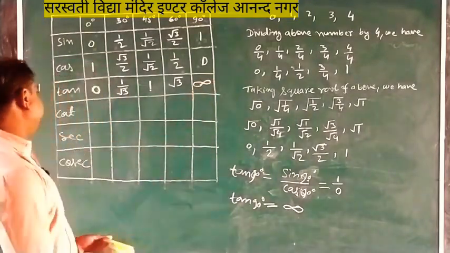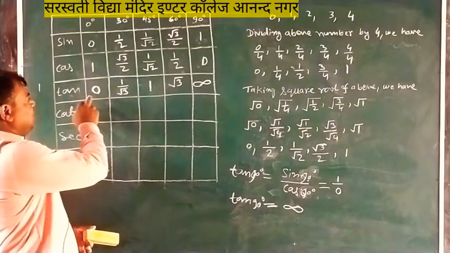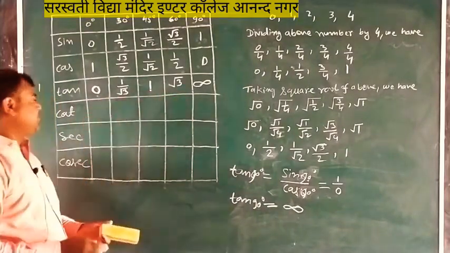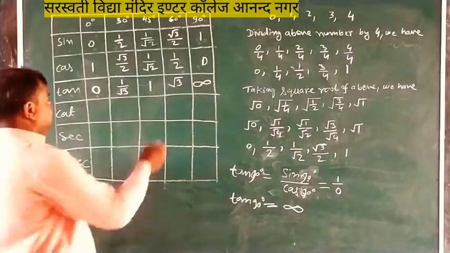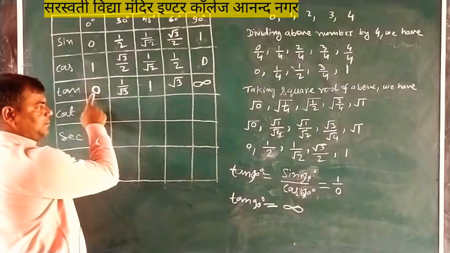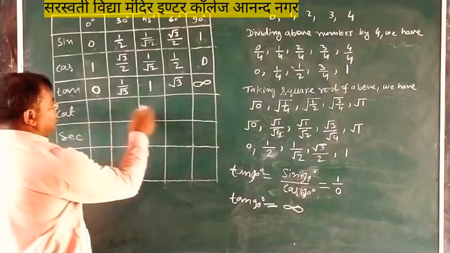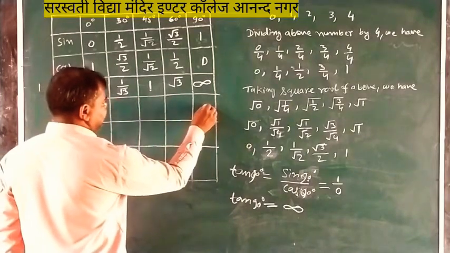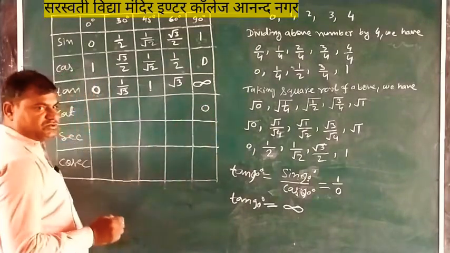Clear? And after getting all the values of tan, we will write the values of cot. The first value of tan will be the last value of cot, means here firstly infinite, then here lastly 0.